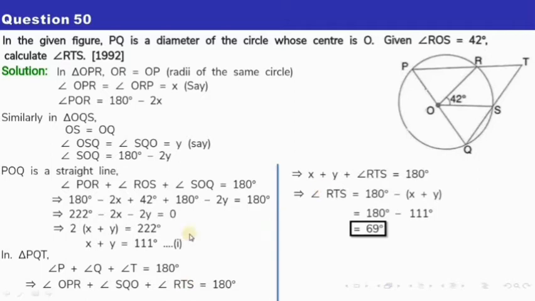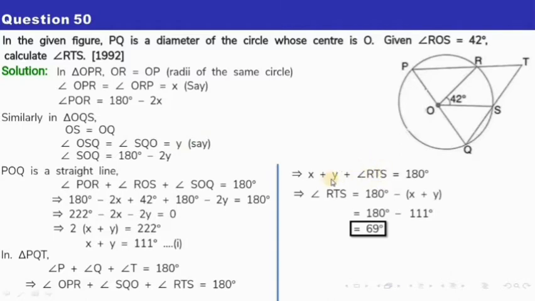OPR is this angle, which we took to be x, so instead of OPR I am writing x. SQO is this angle, which was taken to be y, so I have written y here, and RTS.